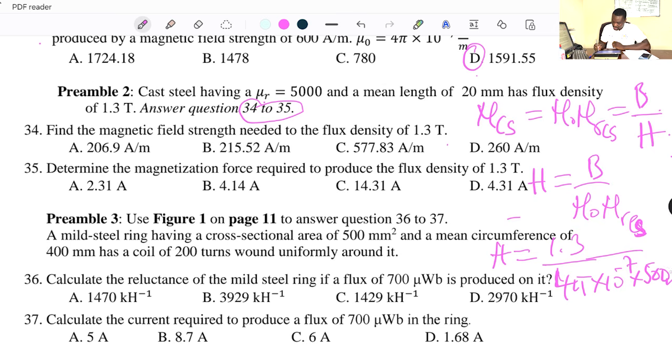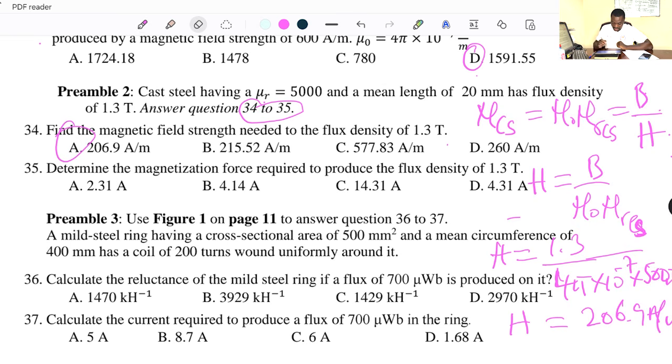That is the relative permeability of the cast steel. So you do this calculation, and you get the magnetic field strength to be equal to 206.9 amps per meter. That will be A, right?